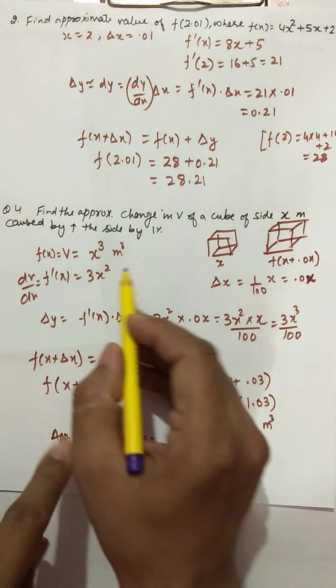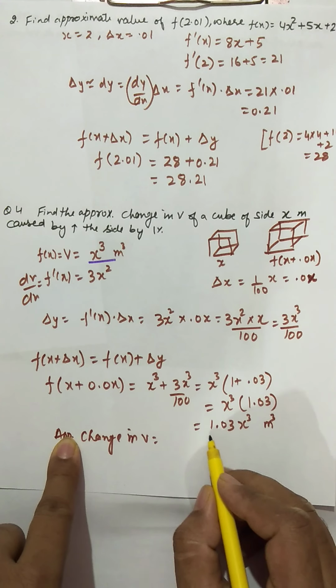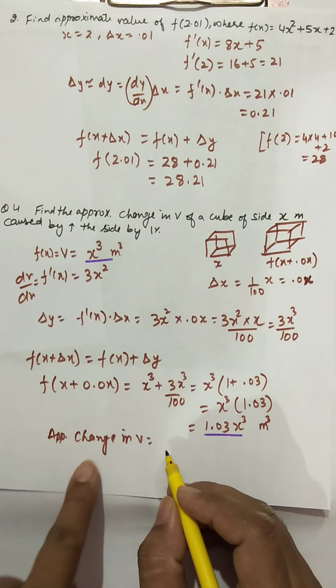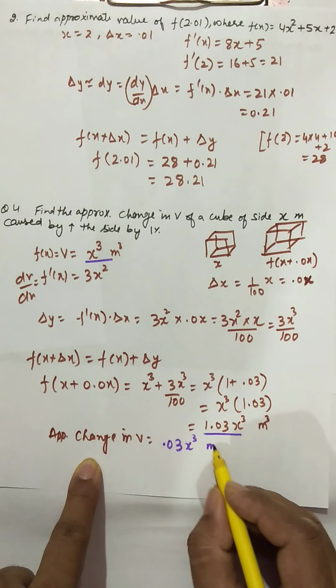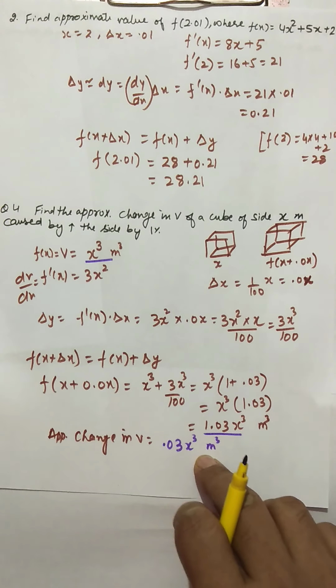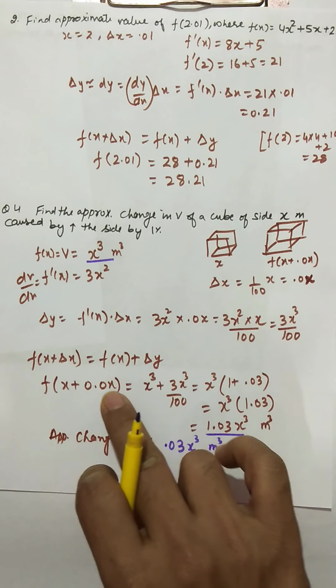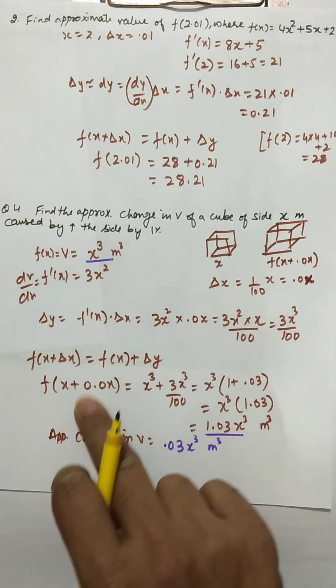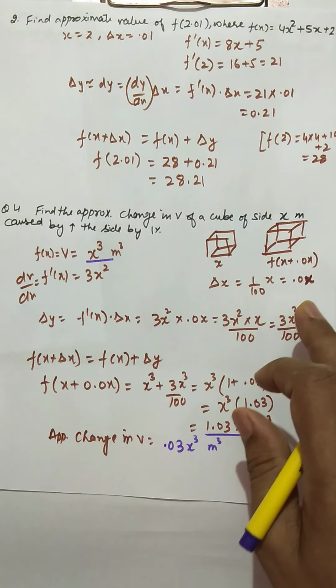They are asking you to find the difference between this volume and this volume. So it's quite visible that the difference is 0.03 x cube. You can say this is meter cube. So this is the answer, and it was asking the question. But sometimes this can also be asked as the overall change in the volume that comes after changing the side.